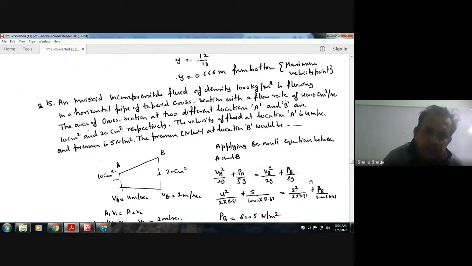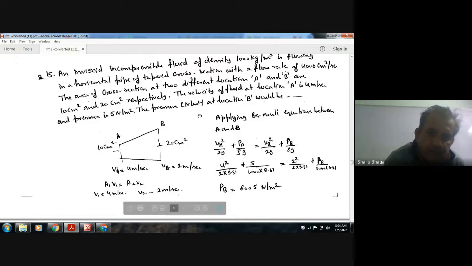The velocity of fluid at location A is 4 meter per second and pressure is 5. The pressure at location B would be: here this is the tapered pipe, with area 10 centimeters square here and 20 centimeters square here, and the flow rate is 4000.